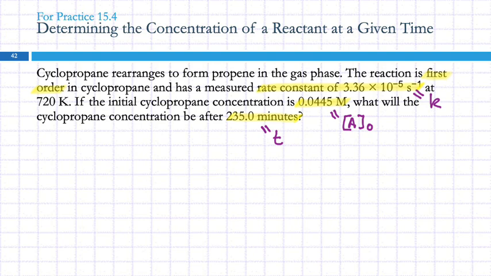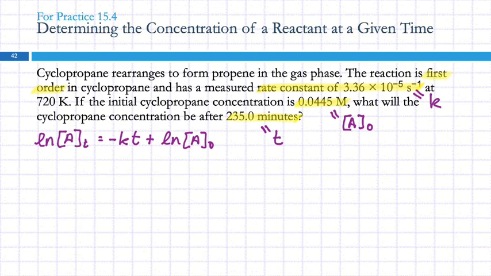Well, let's write out the integrated rate law for a first order reaction. I think it's always good to write out the equation before you start substituting numbers in, because once you start putting numbers in there, then things like minus signs and stuff can get confusing. So we're trying to find A at time t.